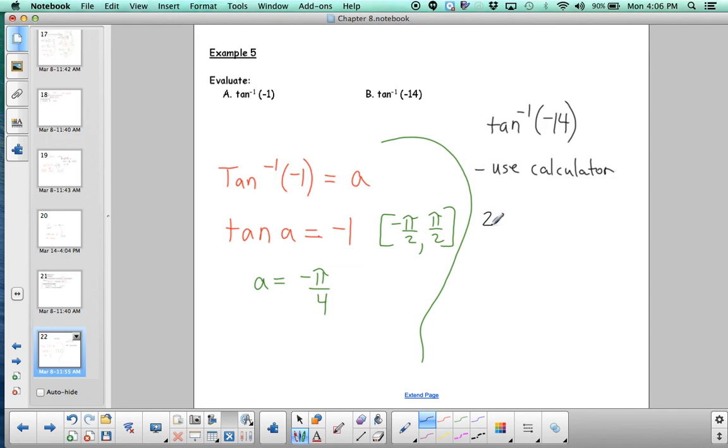So again, we're going to use our second key and then use your tangent key. At that point you enter your 14, and our output should be -1.4995, which does fall within your domain restrictions. And that's all I have for section 8.2.